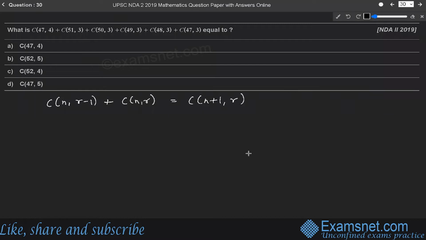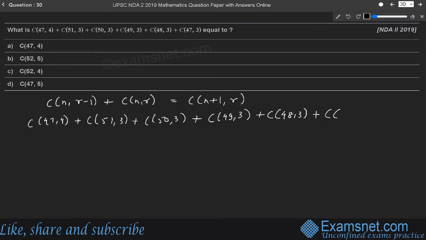Now, we have to calculate the value for C(47,4) + C(51,3) + C(50,3) + C(49,3) + C(48,3) + C(47,3).